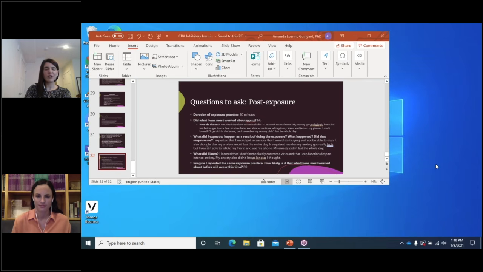Keep doing mini exposures, because if the client, when they're done with treatment, just goes back to avoiding stuff that they used to avoid, then yeah, treatment gains are not going to be maintained. So we would want that to be something they continue doing. And also, if their anxiety has reduced over the course of treatment, then they will be more likely to continue engaging in these things that they once avoided.